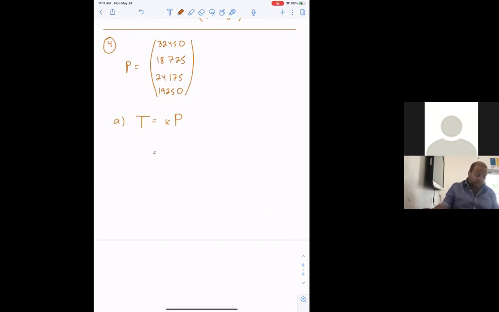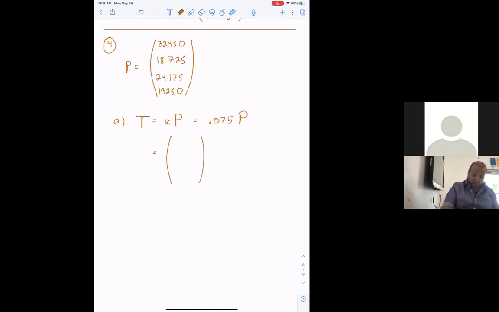Well, K is the amount of tax applied to P, and it's 7.5%, which as a decimal is 0.075. So all I need to do here is scalar multiplication.